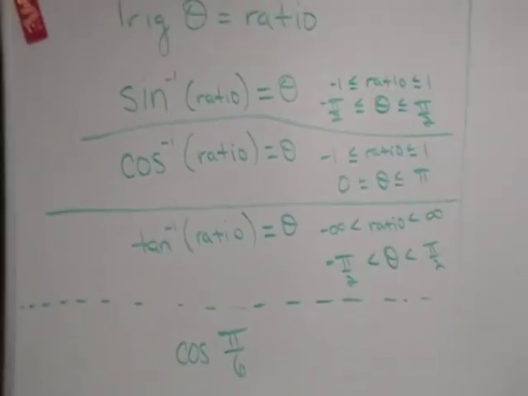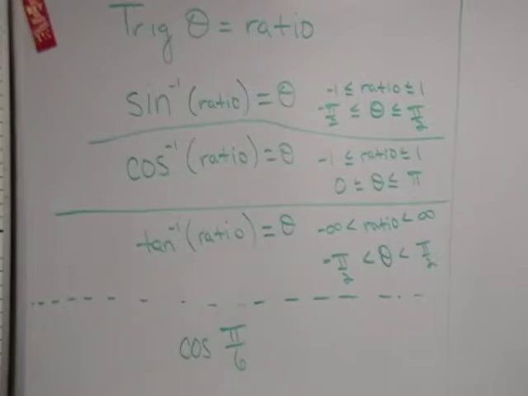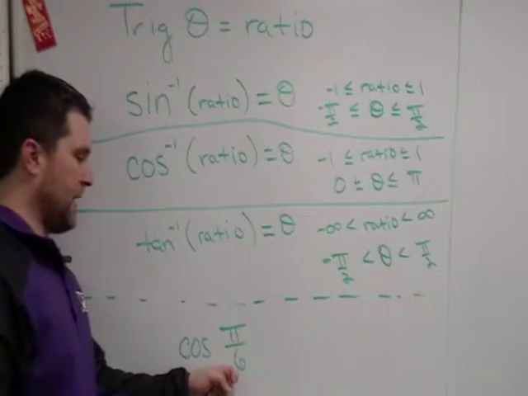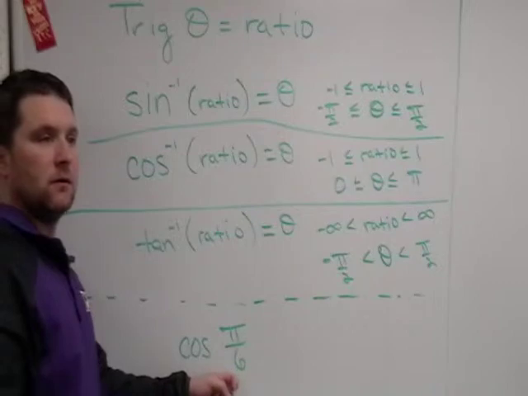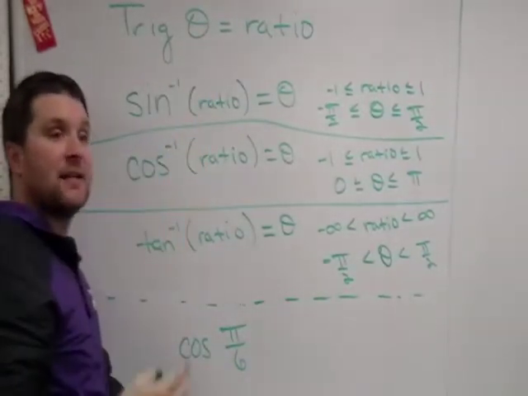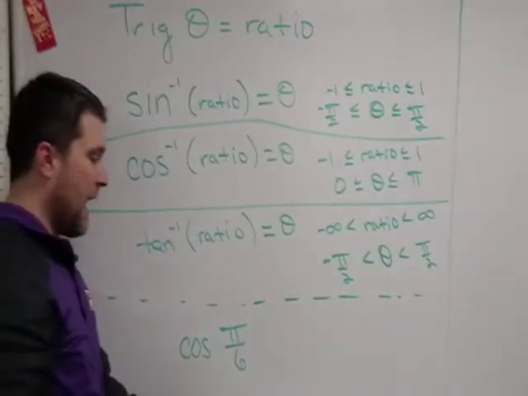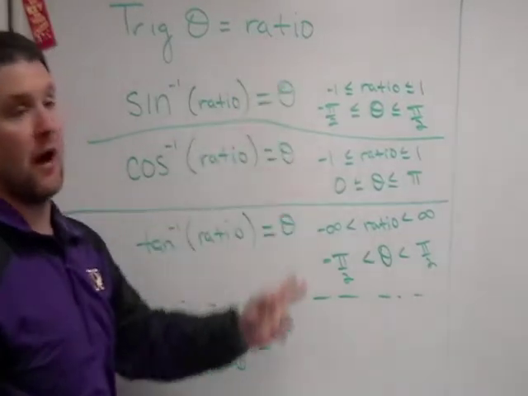What am I looking for? And what am I given? What is pi over 6? It is a radian. Cosine of theta. It's an angle. And when we get done, we're supposed to figure out a ratio.